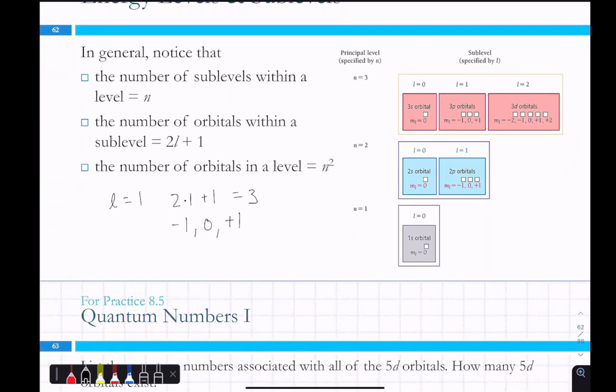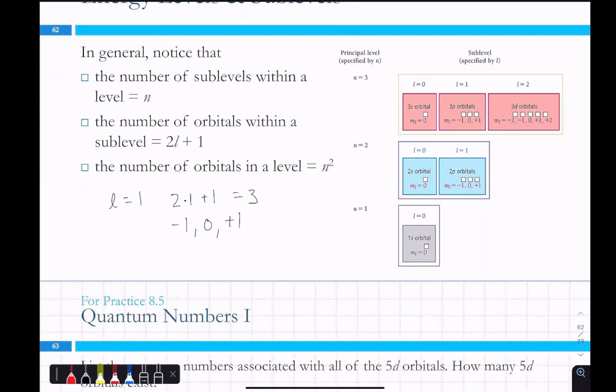And then the total number of orbitals in a level, so if we want all of the orbitals in n equals 3, is just n squared. So there's 1, 2, 3, 4, 5, 6, 7, 8, 9. 3 squared is 9. I made the same face when I read this earlier today.